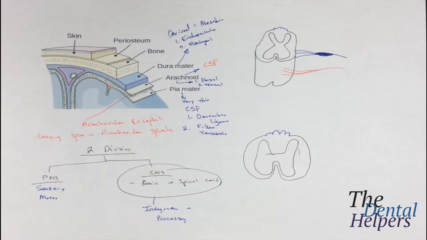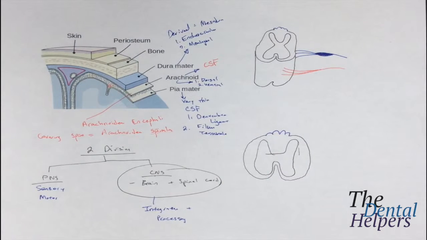At C8, it's going to go below C7. So the C8 spinal nerve is going to exit below C7. And from T1 to the coccygeal, the nerves are going to exit below the vertebrae of the same number. So instead of above, it's going to go below, for lumbar 1 or whatever the others are.